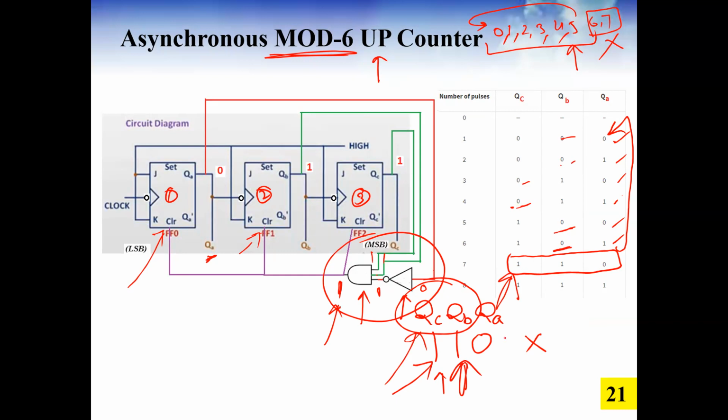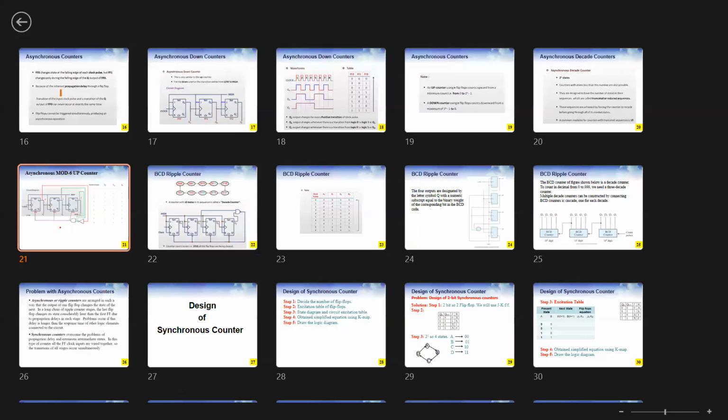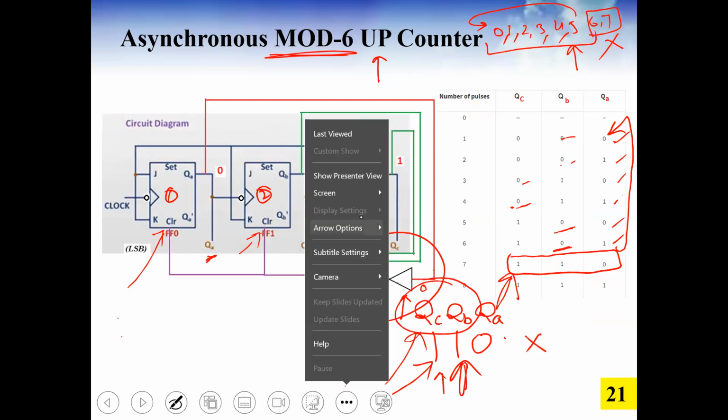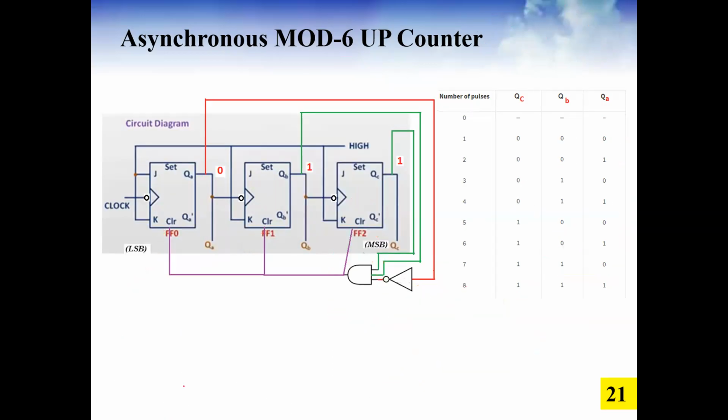So how can we use this one? Let's see. Just erase everything here. If you want that logic that whenever QC and QB are 1 1, we can skip this.